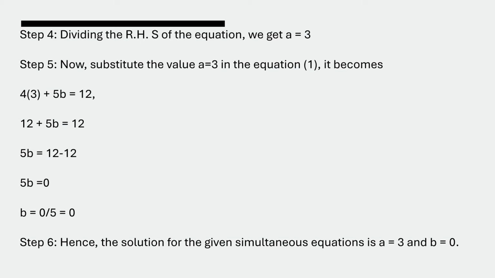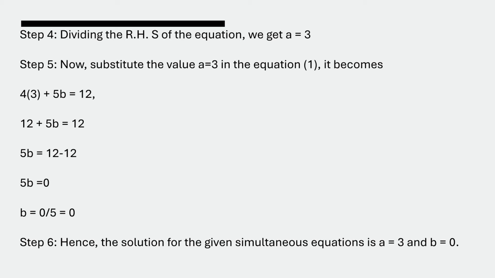So we are taking one of the equations, 4a plus 5b is equal to 12. We are taking that equation and we are substituting the value of a in the equation. We know that we have received the value as 3. So we are substituting a with 3. So 4 into 3 plus 5b is equal to 12. Solving for that, we will be getting 5b is equal to 12 minus 12.